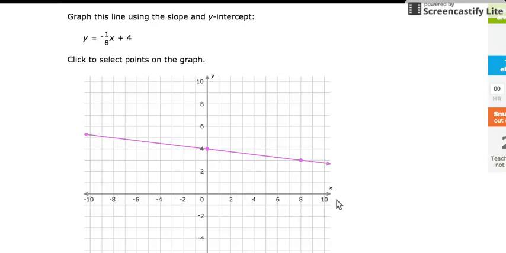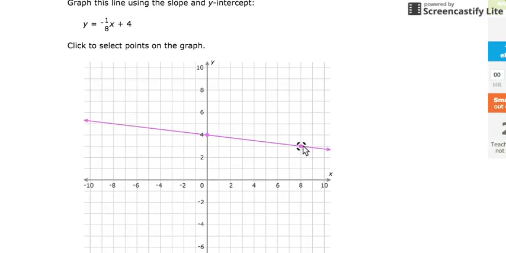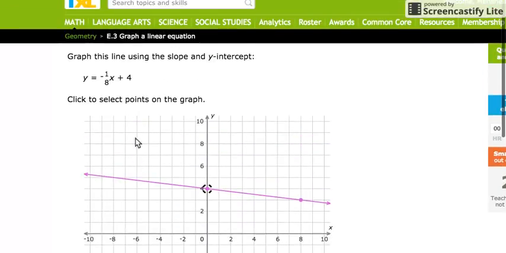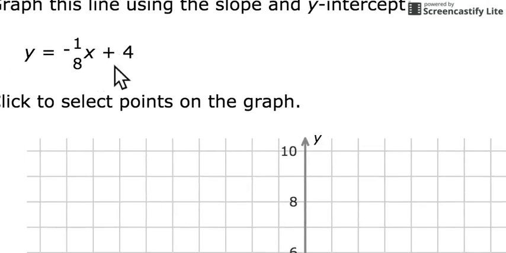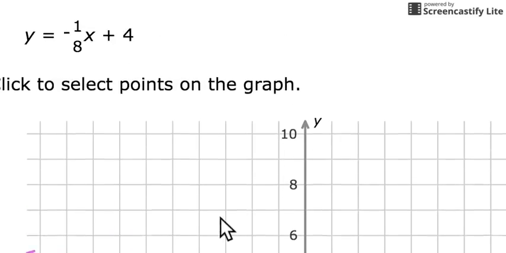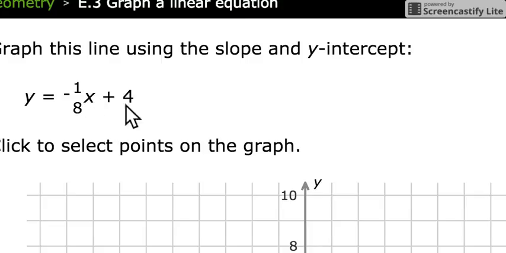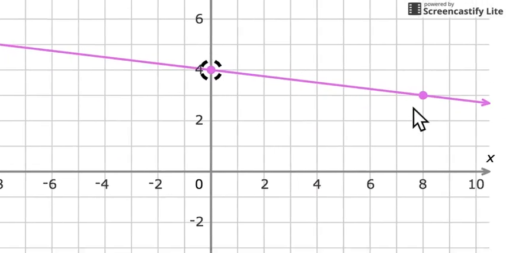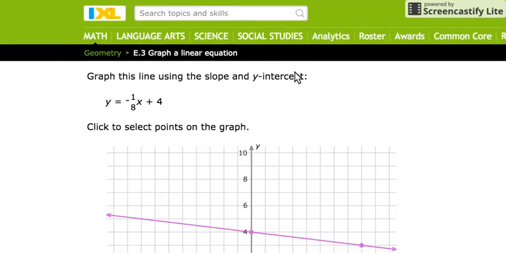So, boom, there's your second point, and so there's your line. Okay? All right, let's submit that. Again, this was slope-intercept form. These are easy. You start on the y-axis at 4, right there, and then you go down 1 over 8.